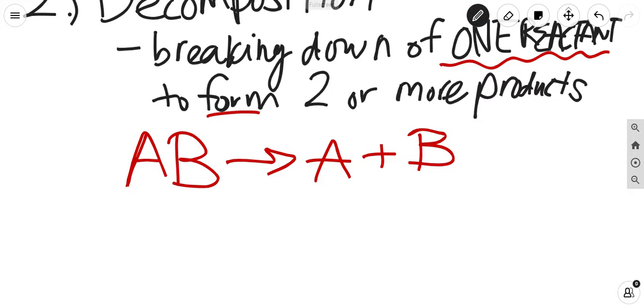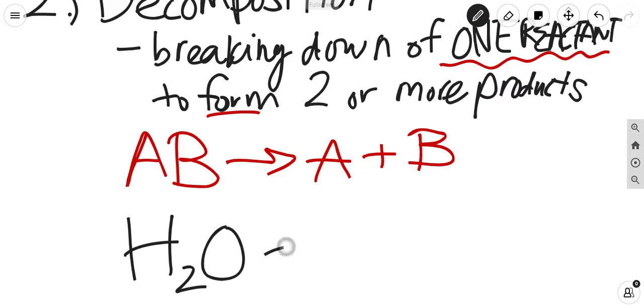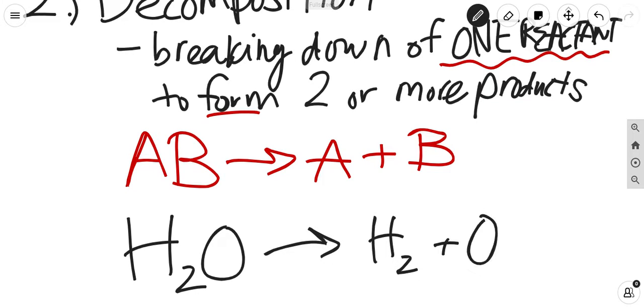There's my one reactant, and I can break it down into 2 or more products. All right. So synthesis and decomposition are opposites of each other. So reaction types 1 and 2 are opposites of each other.